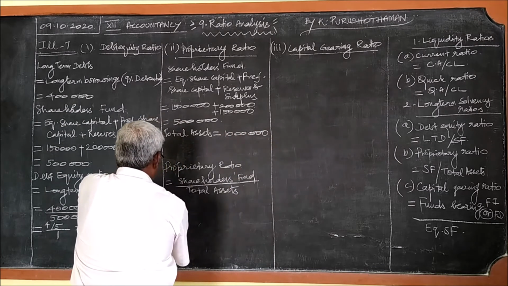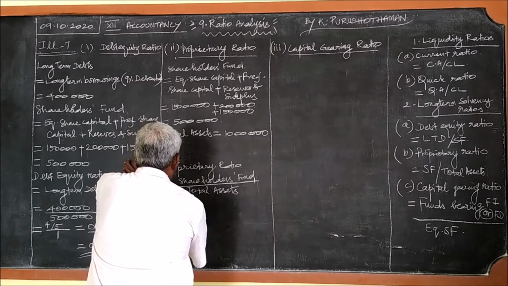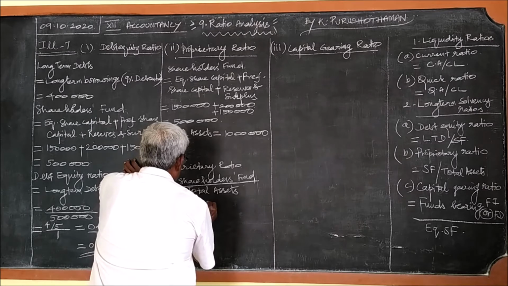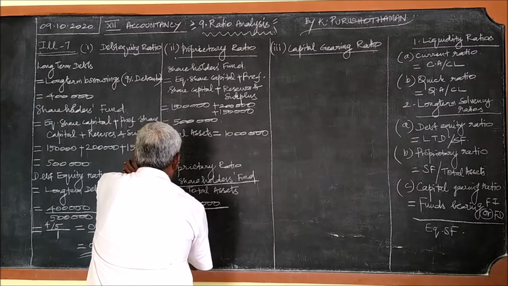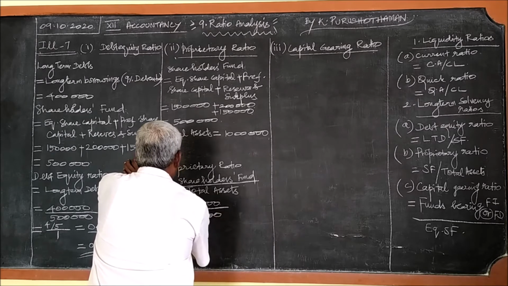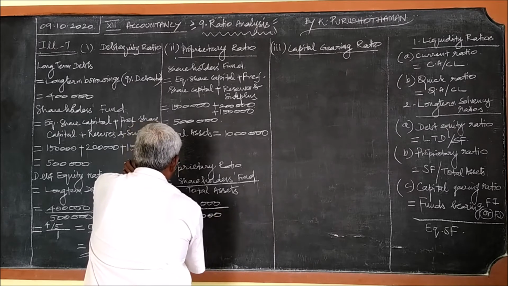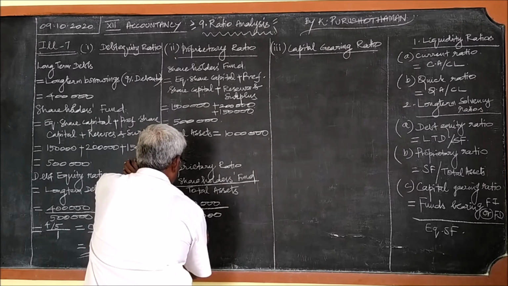Now you can substitute the values here. Shareholders fund 5 lakhs divided by total assets 10 lakhs. If you simplify this, you will get 1 by 2.